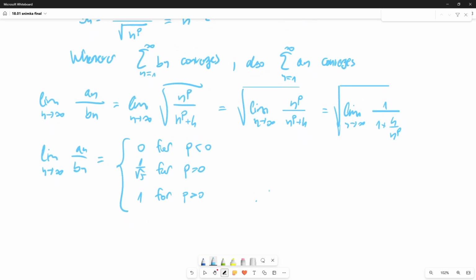Because of that, we can conclude that if p is greater than or equal to 0, then the series an and bn behave the same with respect to convergence.